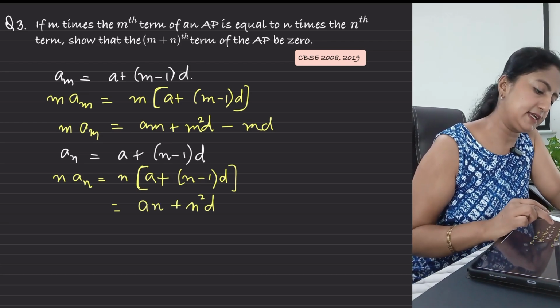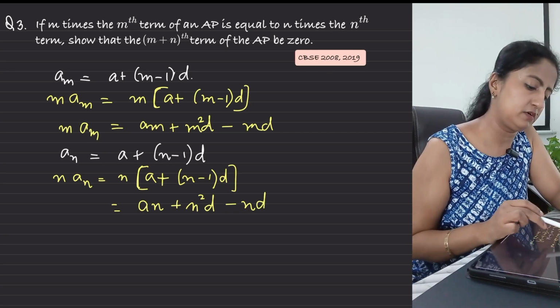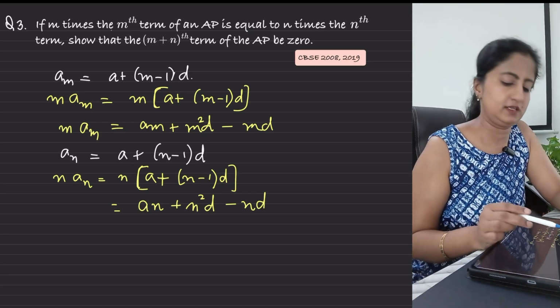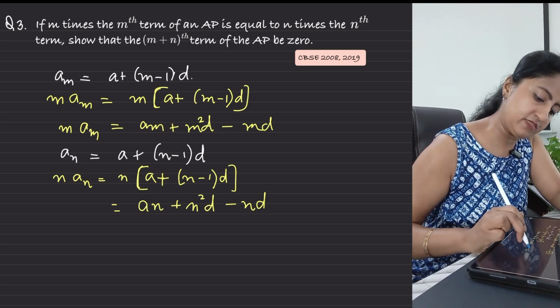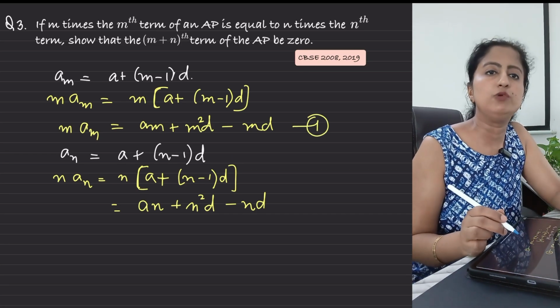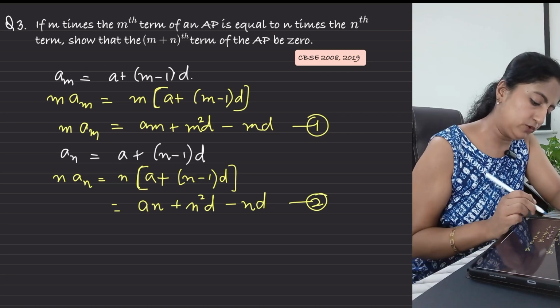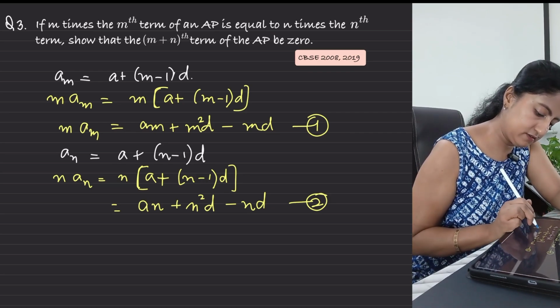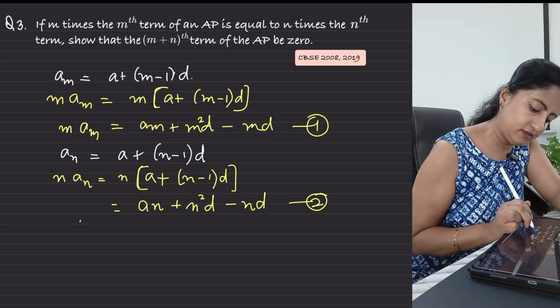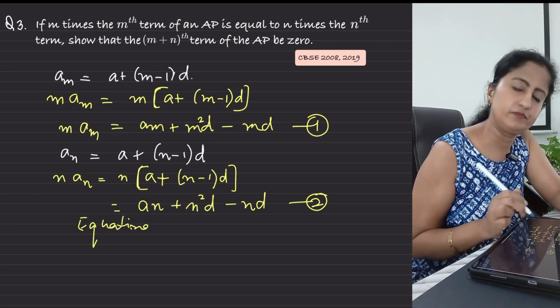Now they said the m times the mth term equals n times the nth term. That means this equation and this equation, they both are equal. So when they're saying equal, we need to equate them. Now we will write equating 1 and 2.